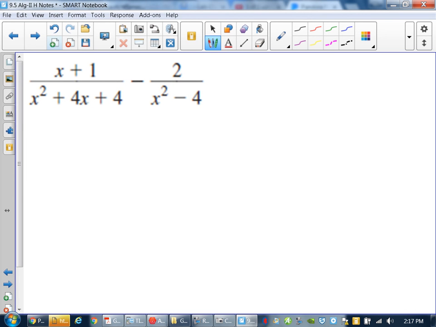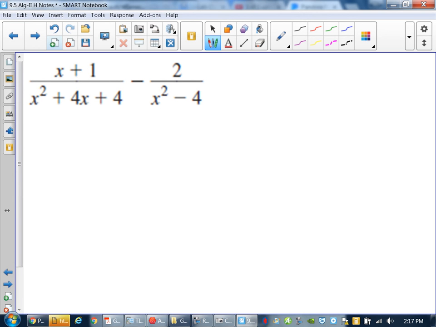So, let's do this again. Now, just like we did the other day, remember when I made that suggestion to you guys as you were multiplying and dividing, as you were writing the problem down to factor as you were doing it? Do that again. The reason I would say that is it takes an extra step away from having to do the problem.